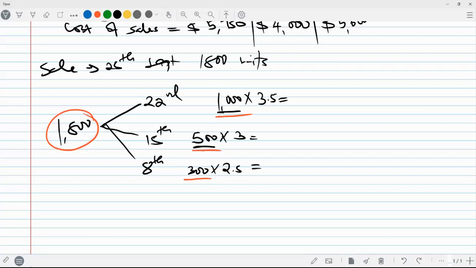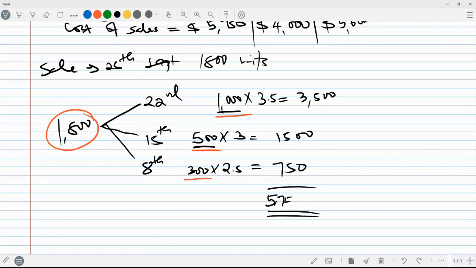The total is 5,750, the value of the cost of goods sold for the 1,800 items.